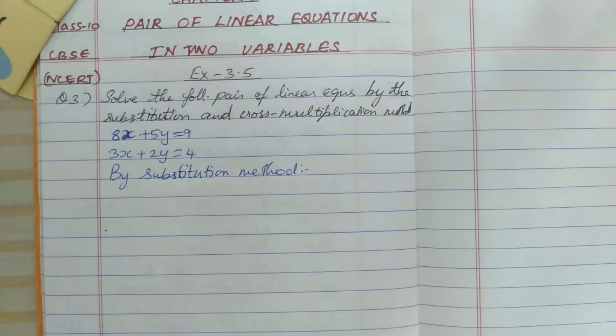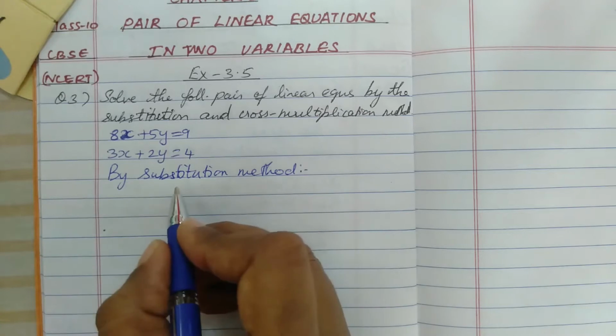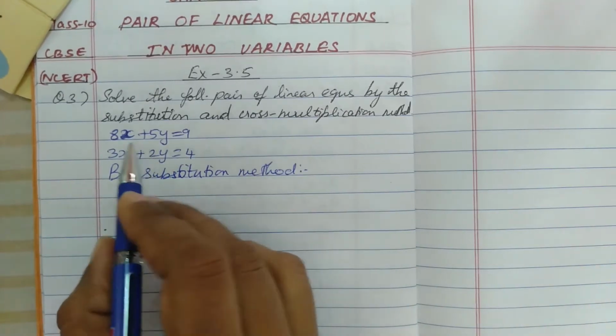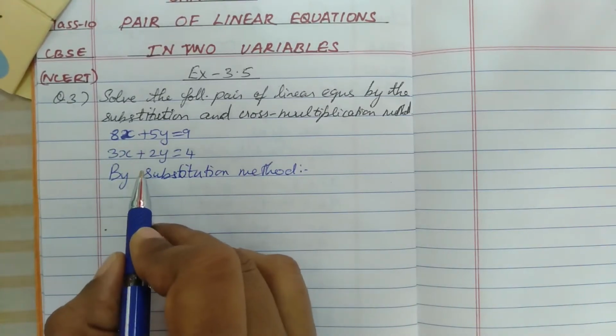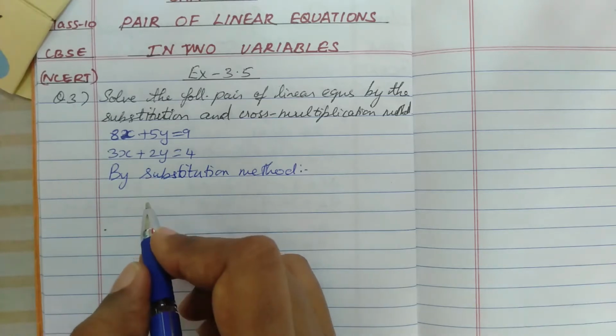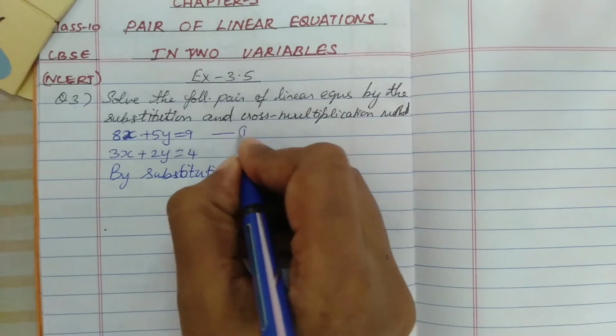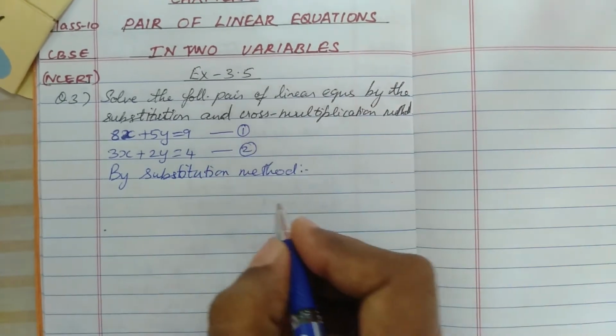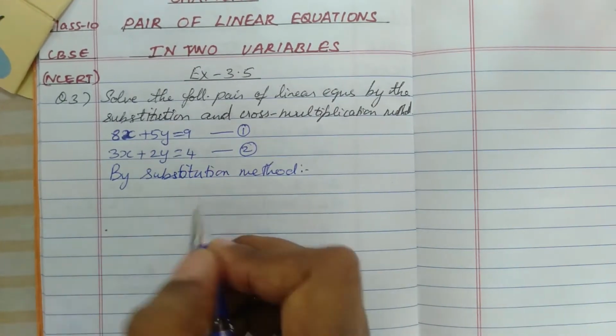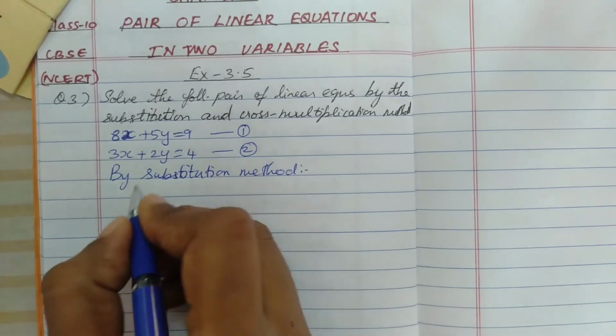Now I hope you remember the first step in the substitution method is that we take one equation from these two and find x in terms of y or y in terms of x. Here this is your first equation and this is your second one. So let's take the first one for finding x in terms of y.